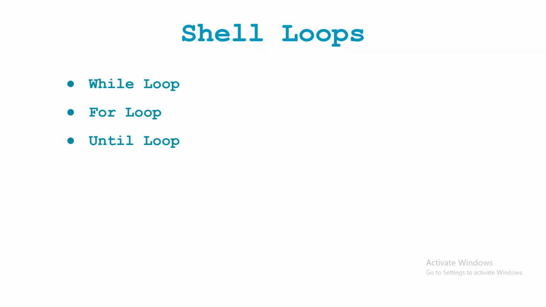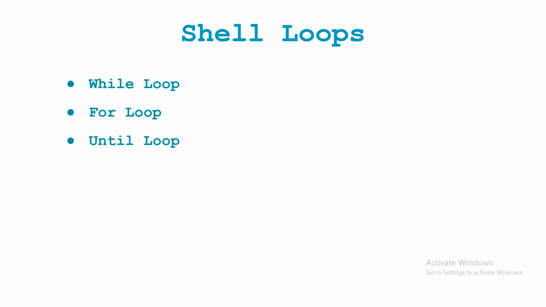If you consider the while loop, the syntax is: initialization, then condition, block of statements, increment. In for, the working is the same, but the syntax is somewhat different, right?